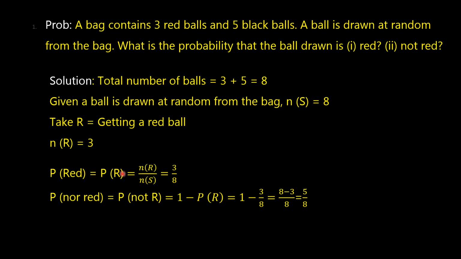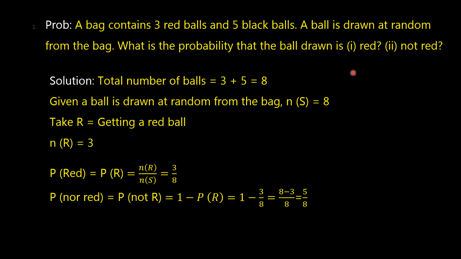P of R is n of R by n of S, that is 3 by 8. Now I have to find P of not red. As 'not' is there, I can go for complementary events. P of not red is nothing but P of not R. The formula is P of not E is 1 minus P of E. Similarly, P of not R is 1 minus P of R, which is 1 minus 3 by 8. In simplification, we will get 5 by 8.